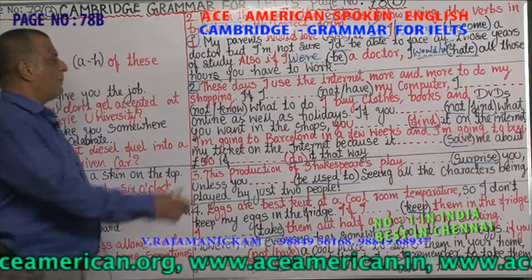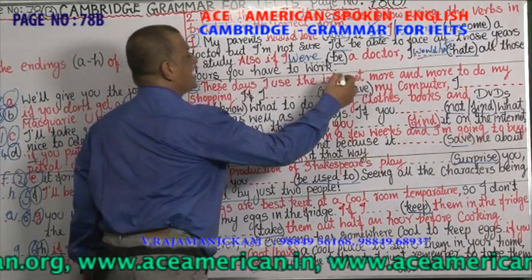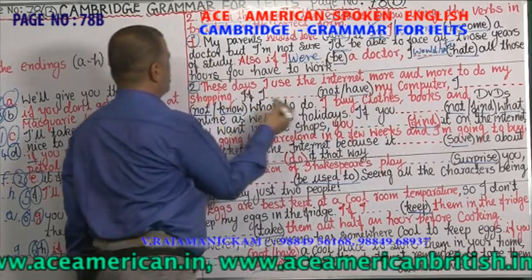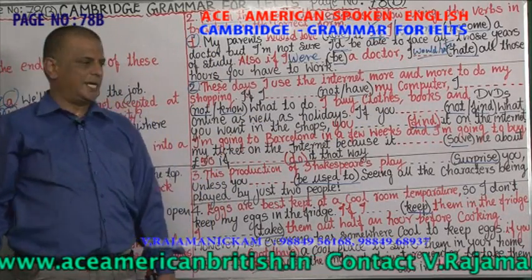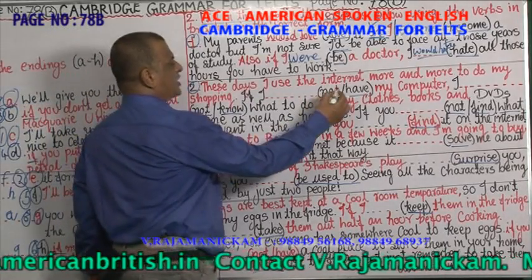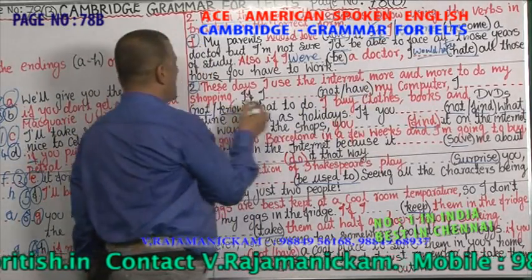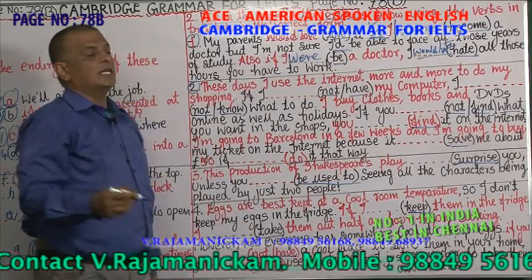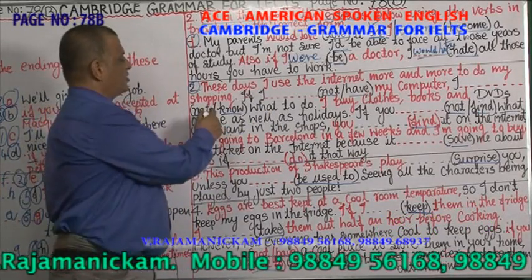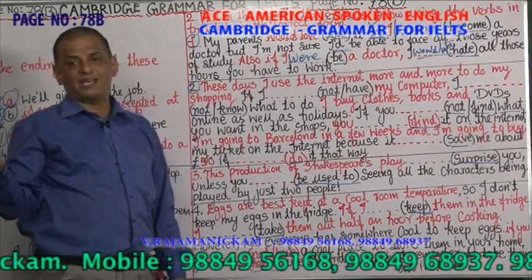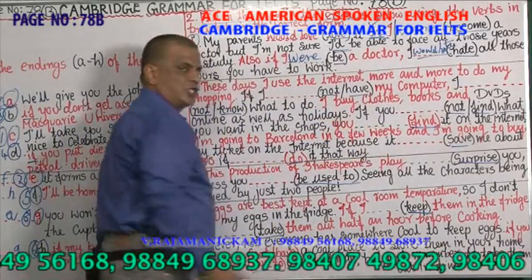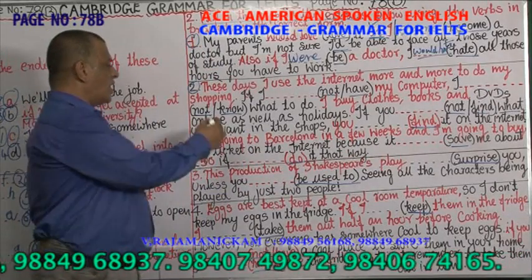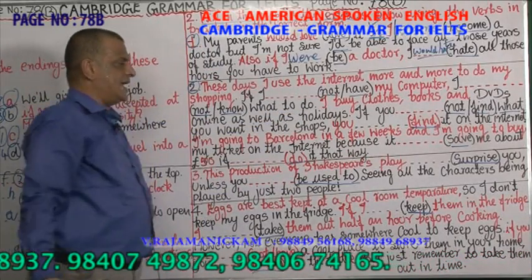Now coming here, these days I use the internet more and more to do my shopping. Online shopping, I do use the internet. If I did not have my computer, I would not know what to do. You have to fill in the verb forms. I buy clothes, books and DVDs online as well as holidays.